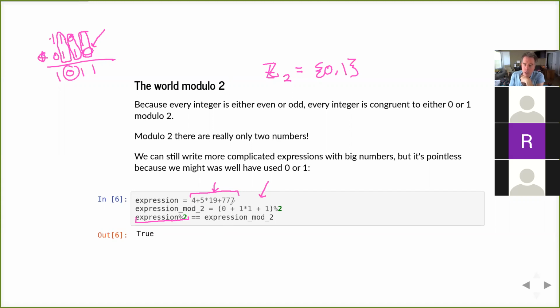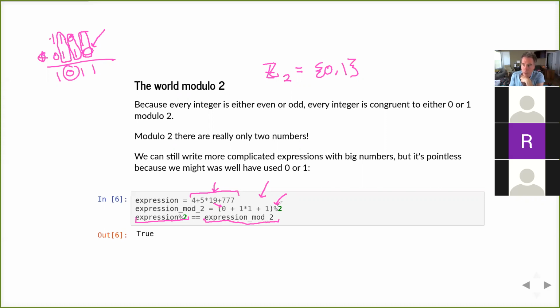Another thing we could do is first reduce modulo 2, then do the arithmetic, and then reduce mod 2 again in case it adds up to more. And what you'll find is that this always gives exactly the same answer.